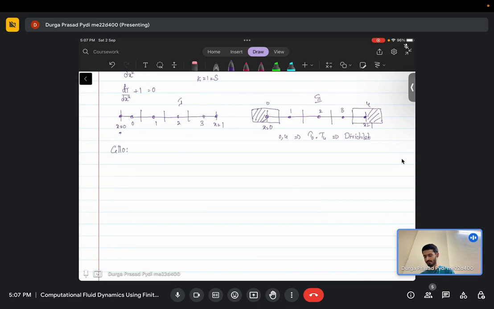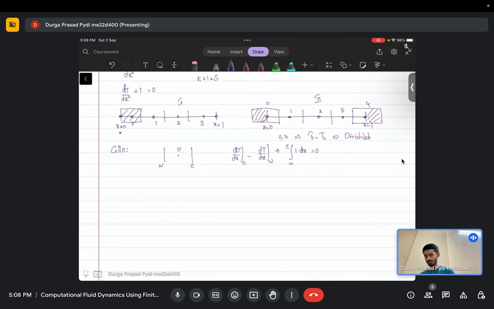If I were to write for cell 0, maybe I'll write for one cell. This is my cell 0, the west face, and this is my east face. So we have dT/dx on the east face minus dT/dx on the west face plus the integral from west to east of the source dx equals 0.